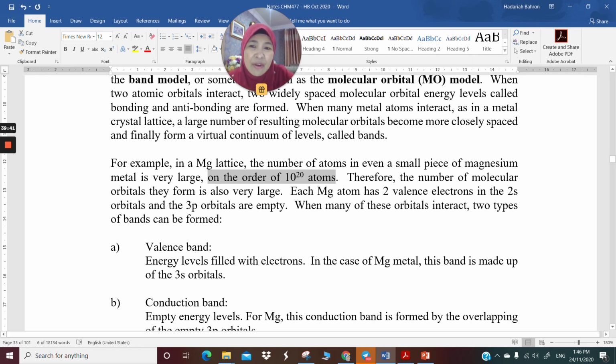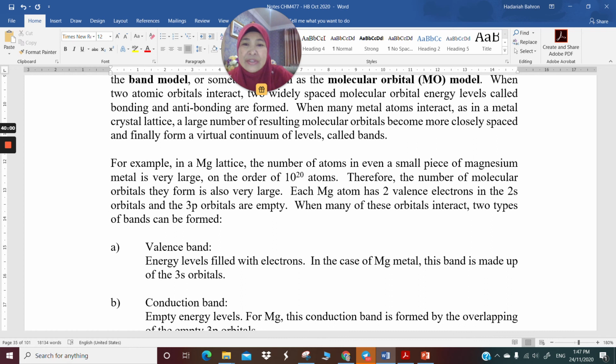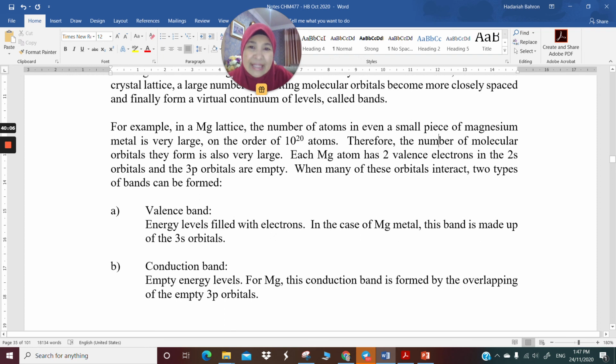Therefore, the number of molecular orbitals they form is also very large. Each magnesium atom has 2 valence electrons in the 3s orbital, and the 3p orbitals are empty because magnesium is 3s2. When many of these orbitals interact, two types of bands can be formed.